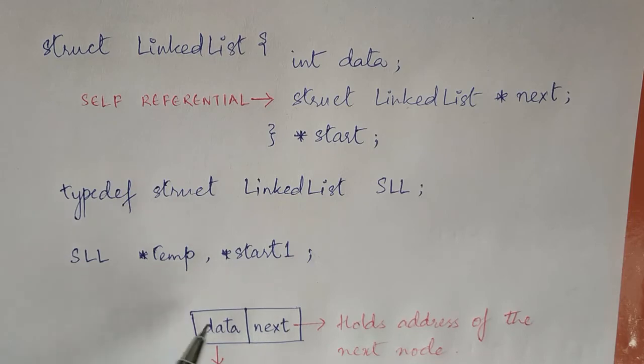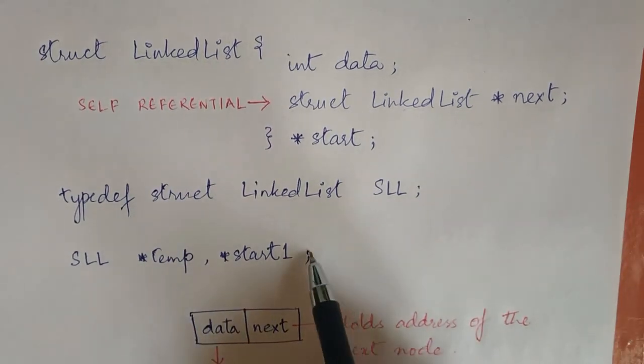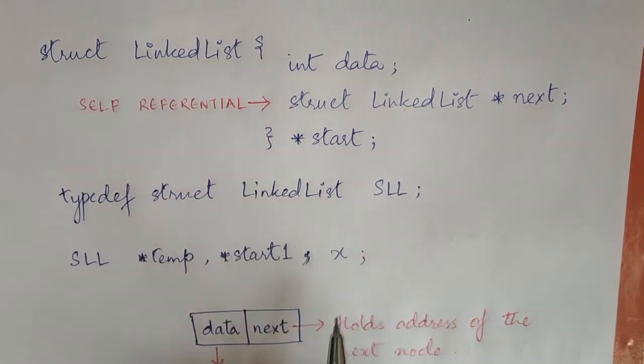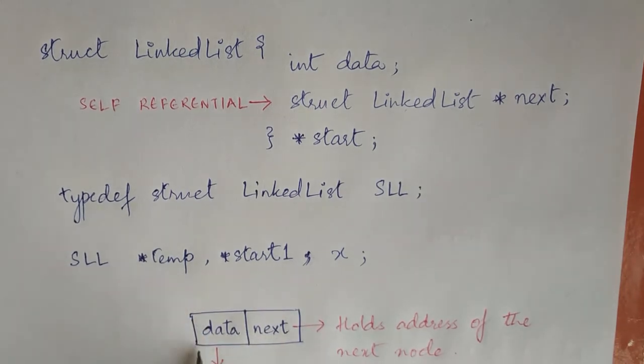But when I say pointer start, it can just hold an address of a node of this type. So when I say X, a memory location like this is reserved, which can hold data and which can hold a pointer of similar type.